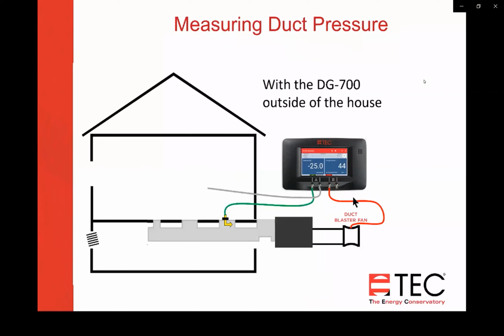On channel A, we want to be measuring the pressure in the duct with reference to the house, so we'll need to run a reference tube inside. This will be the case if the gauge is in the attic, the crawl space, or a garage. If it's outside of the house, you want to be measuring the pressure of the duct with reference to the house, so you'll need to run a separate tube.